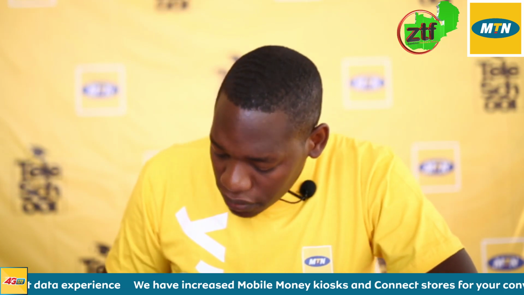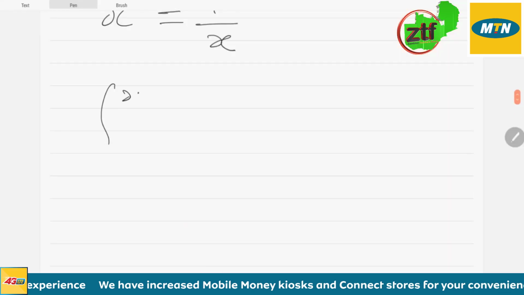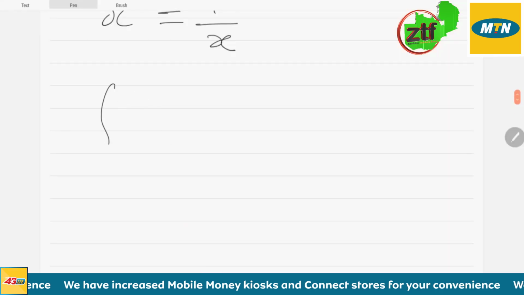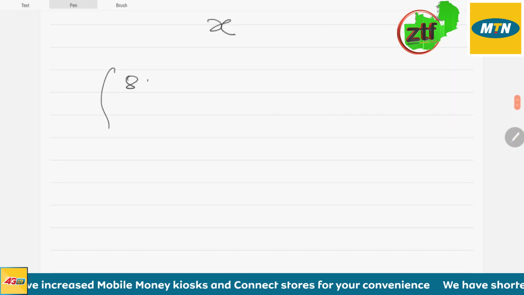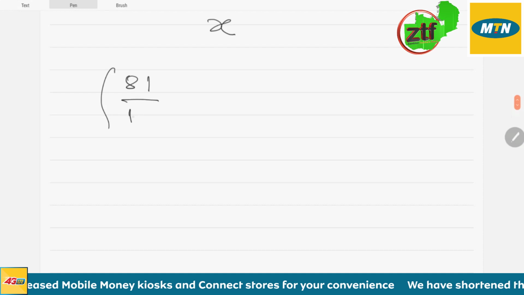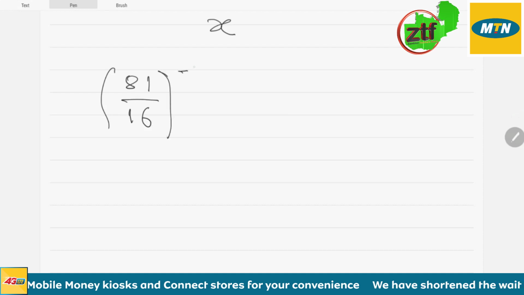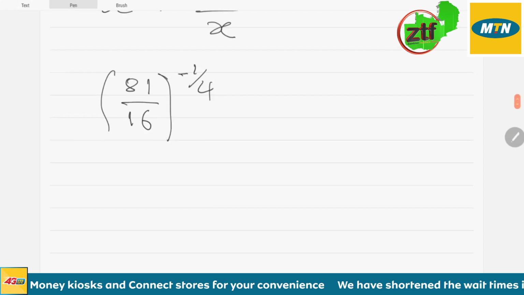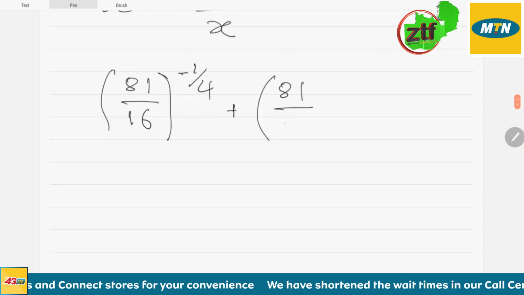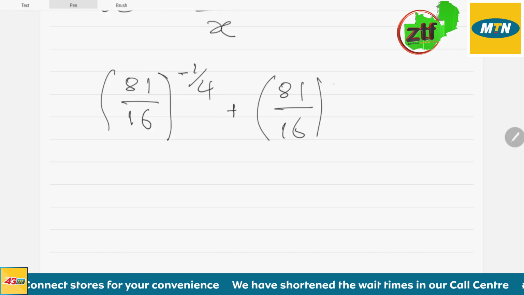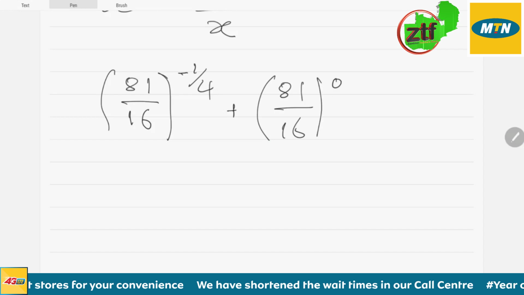So in this case, we have been given 81 over 16 raised to the power negative 1 over 4 plus 81 over 16 raised to the power 0.